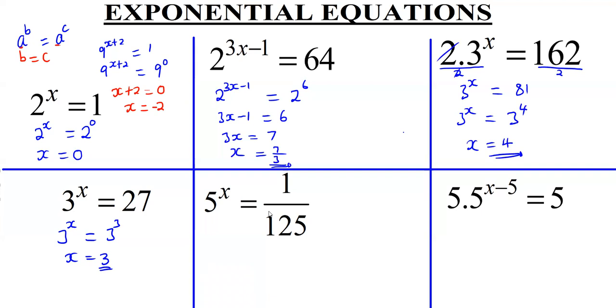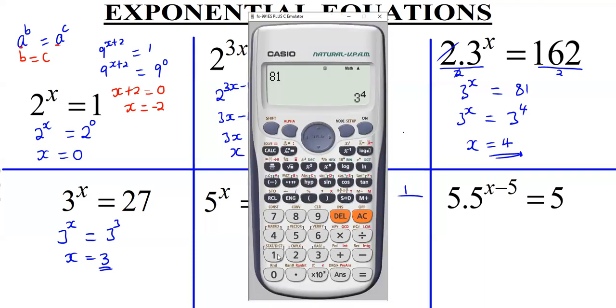Here now, what we're having, we can simply change the 125 first. So here, let's just say 5 to the power of x is equal to 1 over 125, which is 5 to the power of 3.